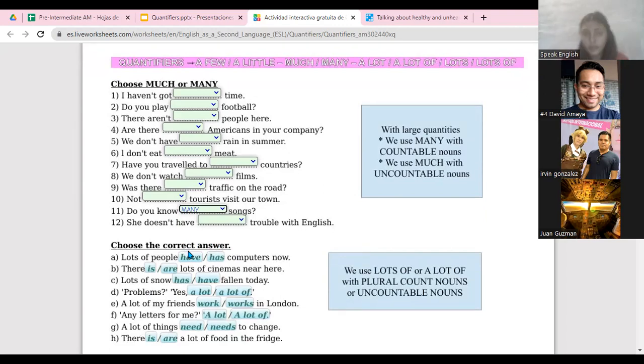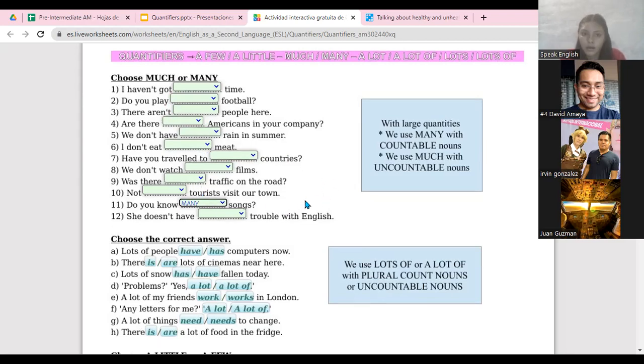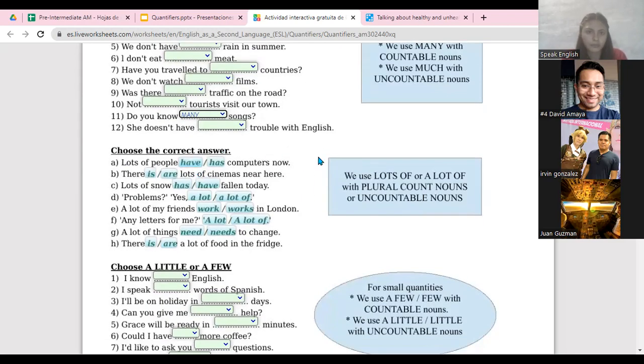Guys, if you want to practice more, I can send you a homework, another worksheet like this. Do you agree? Yes. Okay, so after the class, I will send you another link. So let me see this one.